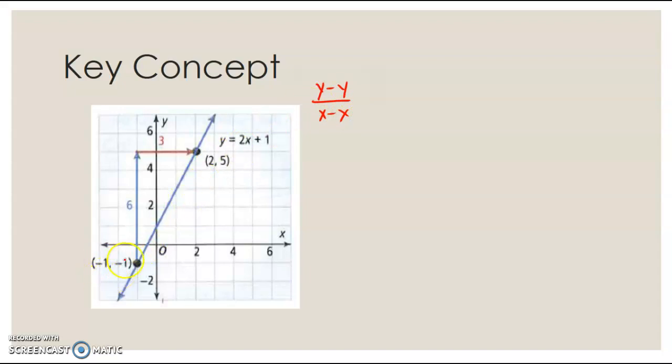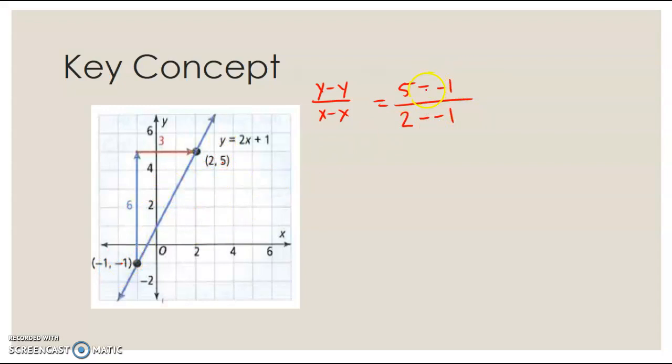So we have the points -1, 2 and 5. And so we're going to plug those in. I'm going to choose the 5 first. 5 minus -1. So y minus y. And since I chose the 5 first, then I'm going to choose the 2 first. 2 minus the other -1, x minus x.